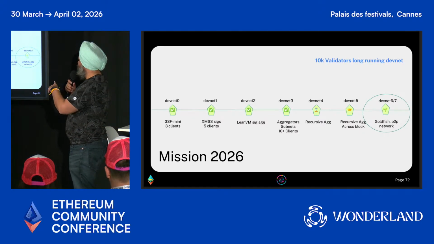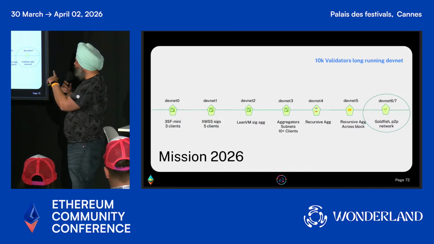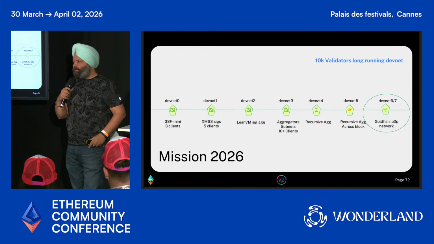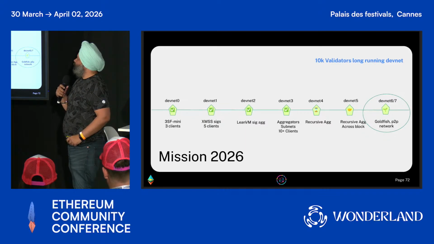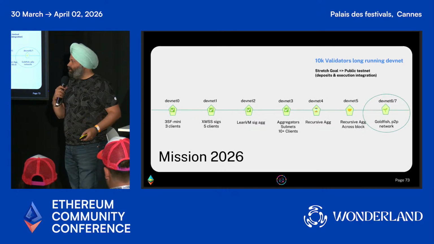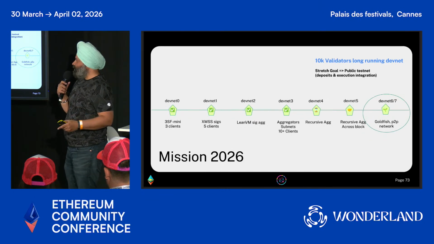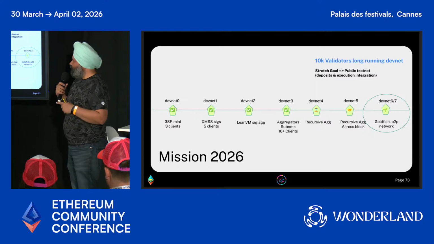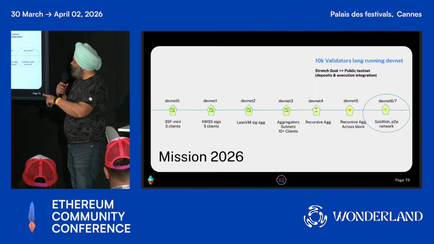The 2026 goal is to run 10,000 validators in a long-running DevNet. The stretch goal is to have a public testnet, but that also means we'll need to integrate deposit and execution integration. So this is a stretch goal.